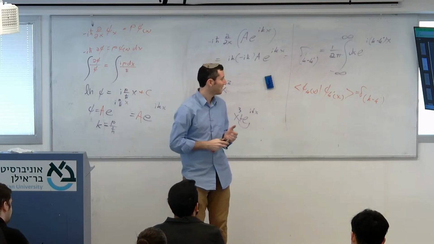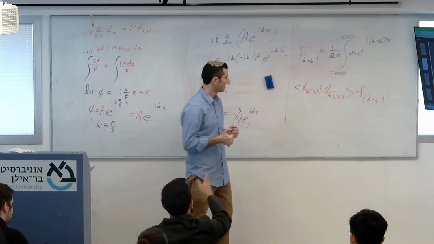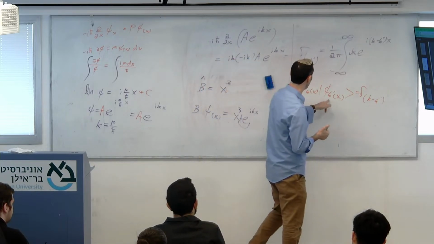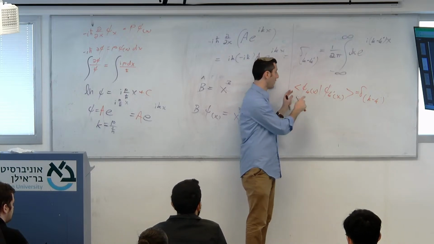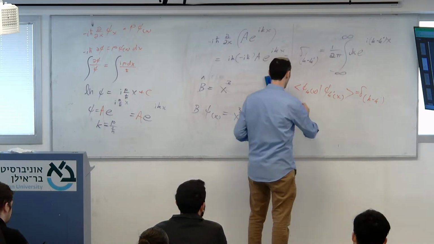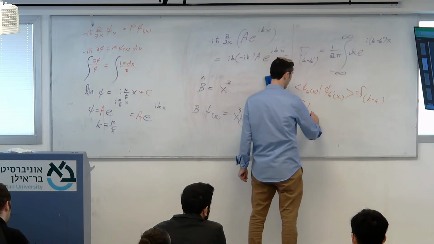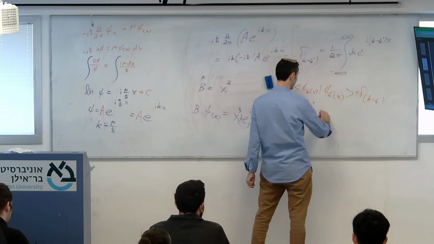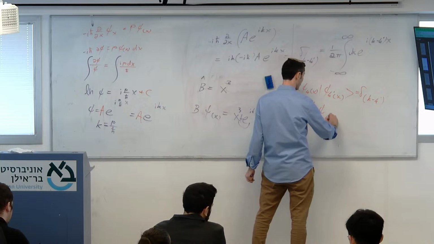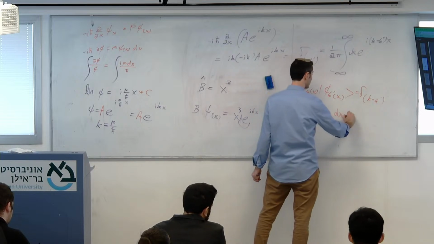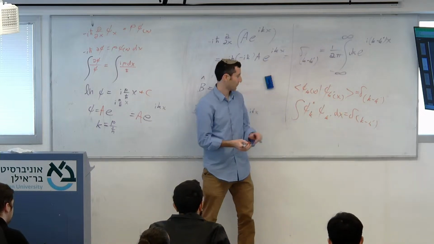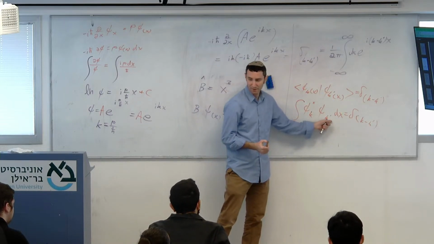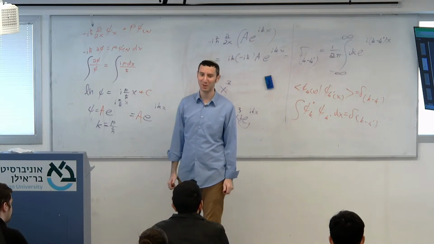It means that I want the integral of phi k complex conjugate phi k prime dx to be delta of k minus k prime.